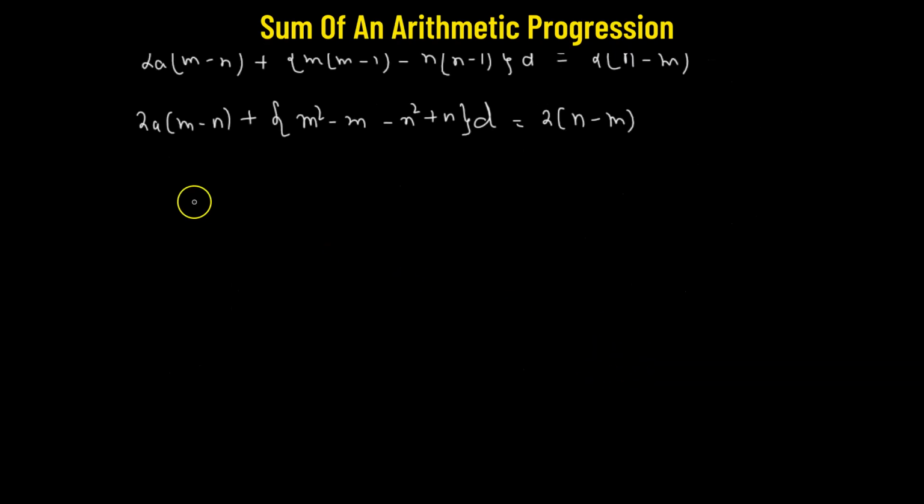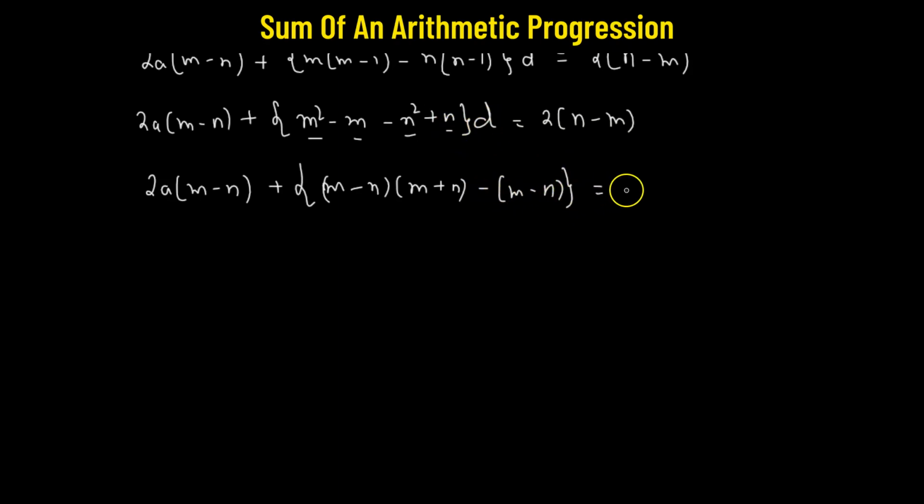Now we have 2 times a multiplied to m minus n plus, we'll take m squared and n squared and combine them. Combining m squared minus n squared is simply m minus n times m plus n, and combining negative m and positive n, we have negative of m minus n, which will be equal to negative 2 multiplied to m minus n.